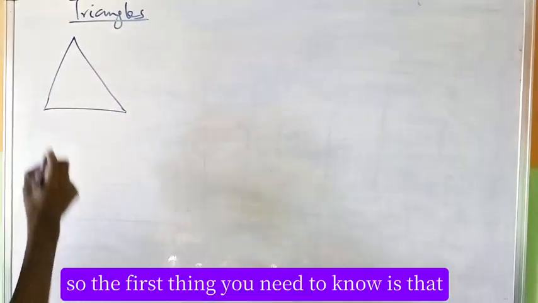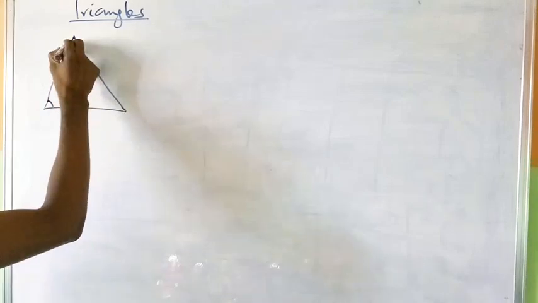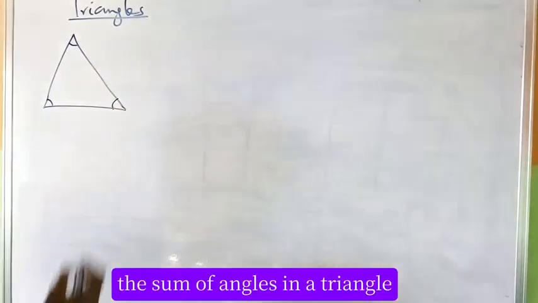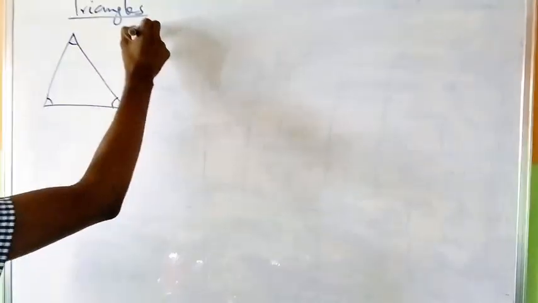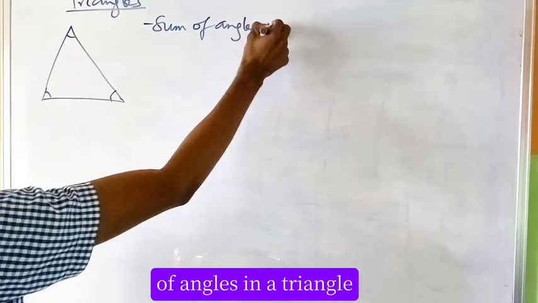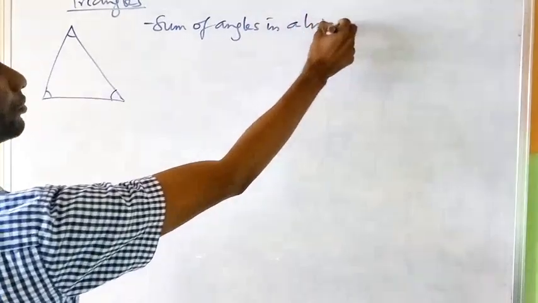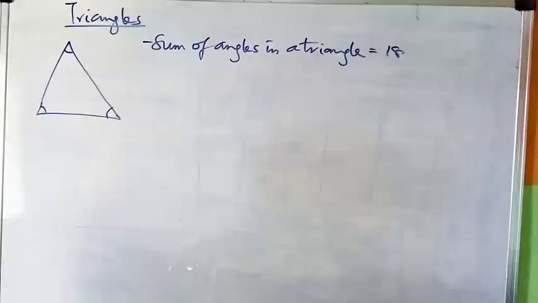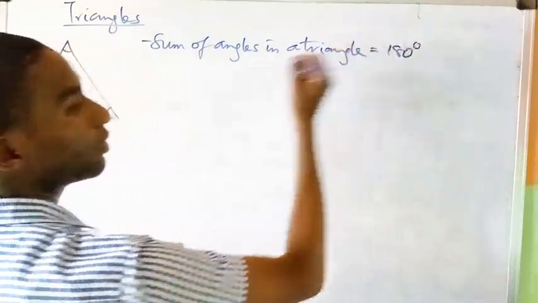So the first thing you need to know is that the sum of angles in a triangle is 180 degrees.